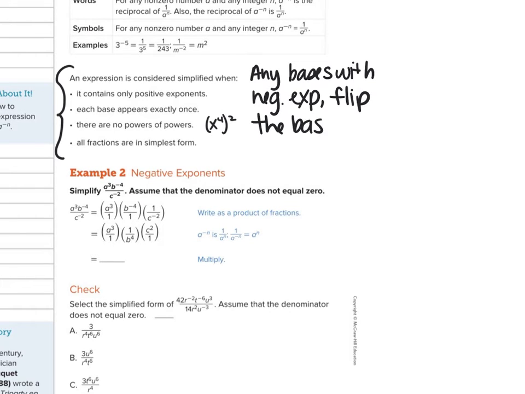So if it was on the bottom of the problem, now it's on the top. If it was on the top, now it's on the bottom. And make the exponent positive. I kind of shortened a little bit there to fit it. If you guys know it, if you want to shorten them, that's fine.